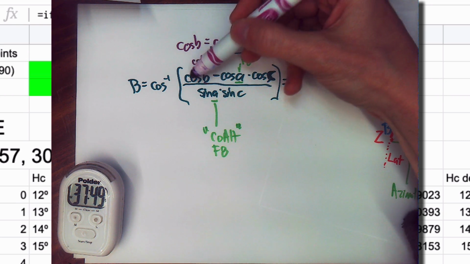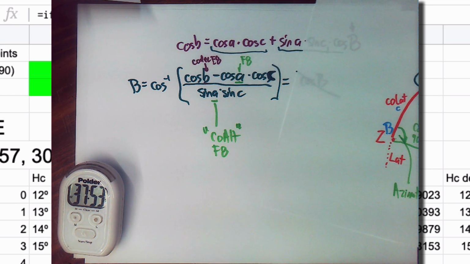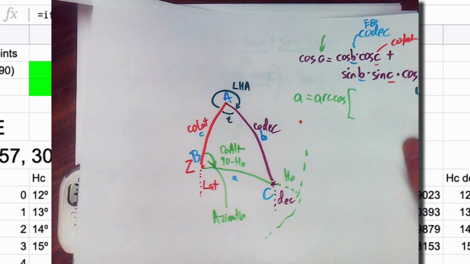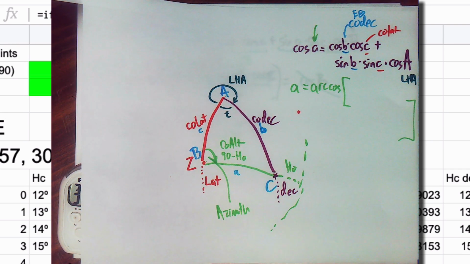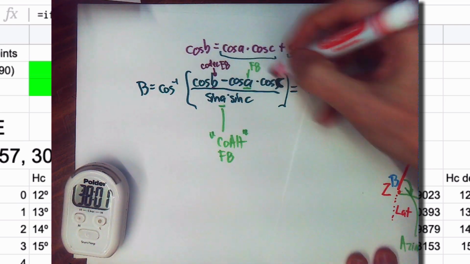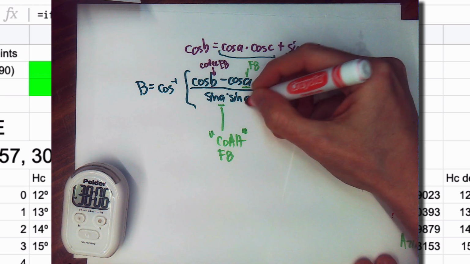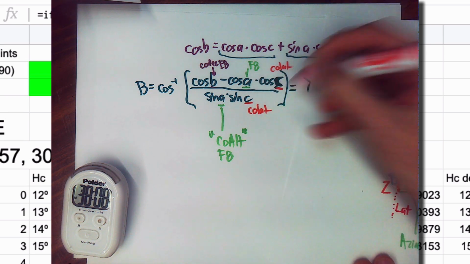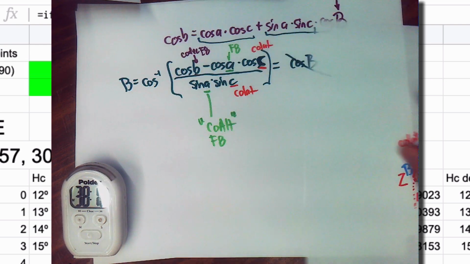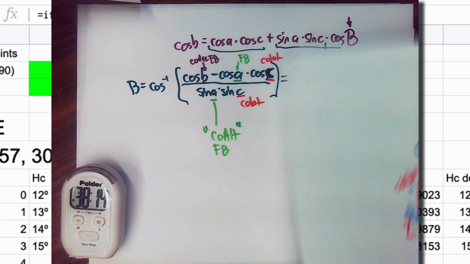So we're going to have the cosine of E8 minus the cosine of F8 times the cosine of C. Now what was C? C was CoLat, which we named at the top of the spreadsheet because latitude covers the entire spreadsheet. Hopefully this makes a little bit of sense.